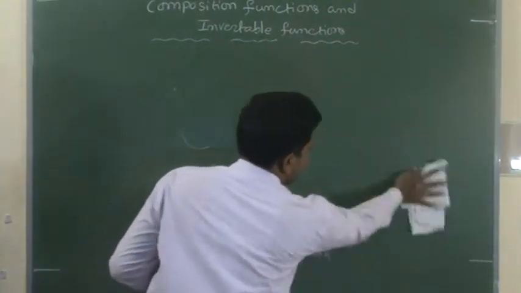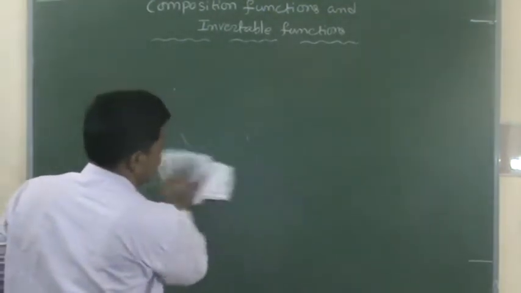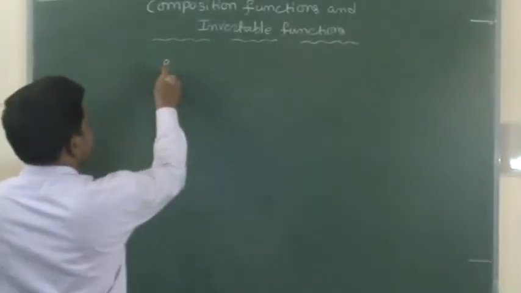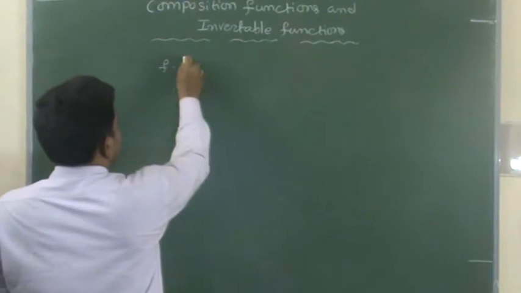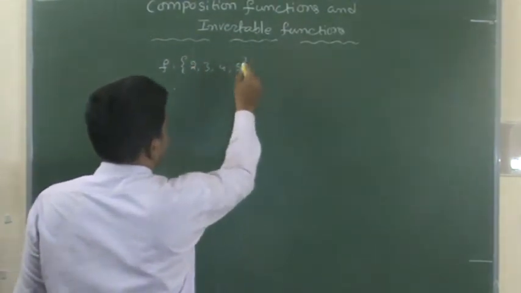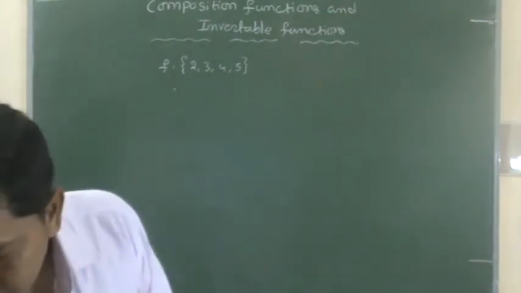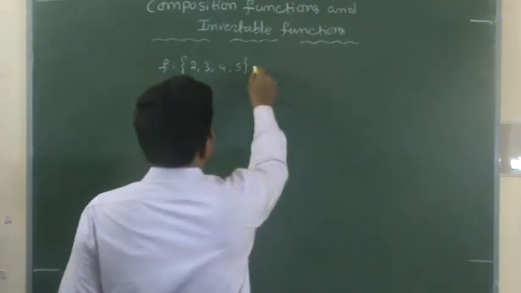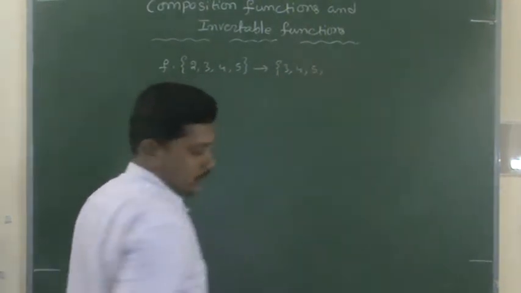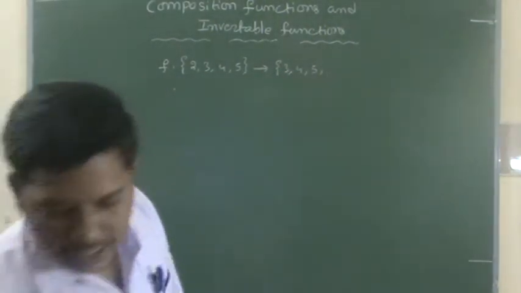I want to explain one example on the composite function. f is a mapping from 2, 3, 4, 5 to 3, 4, 5, 9.